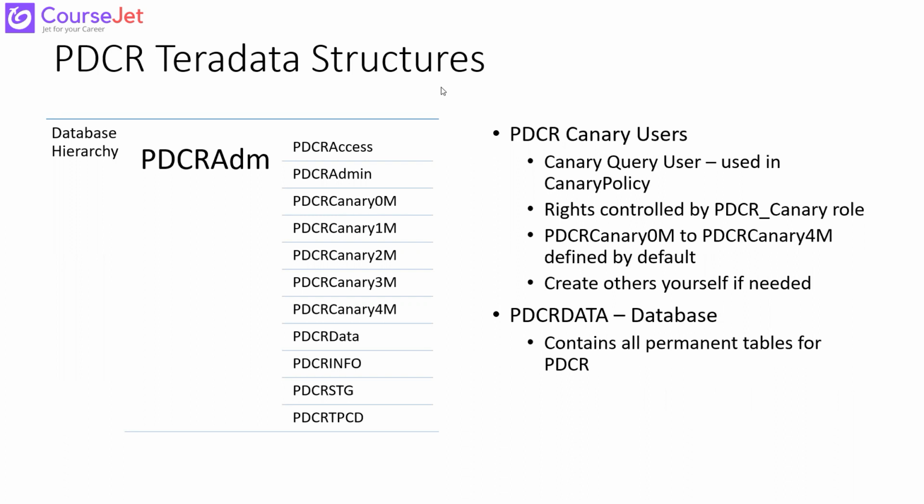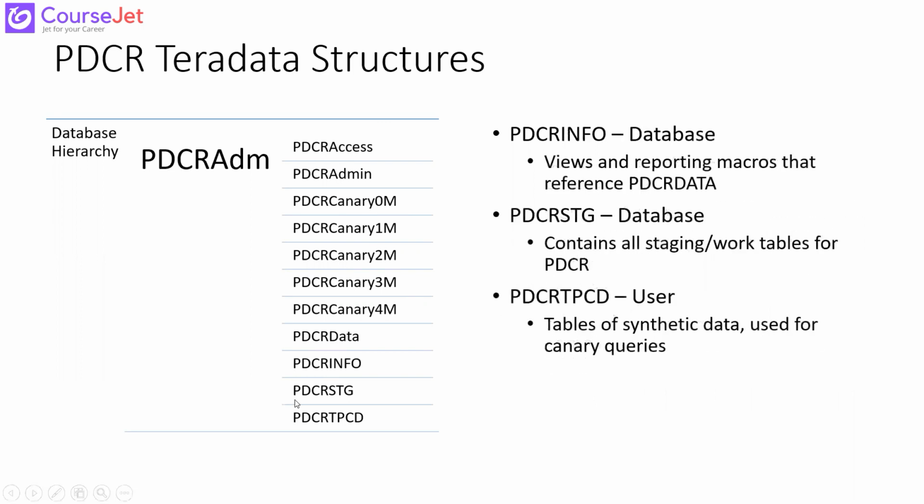So this is the structure we saw. This PDCR data will contain the actual data copied from the DBC. This PDCR staging is a staging database, and this PDCR info is the view database created on PDCR data.